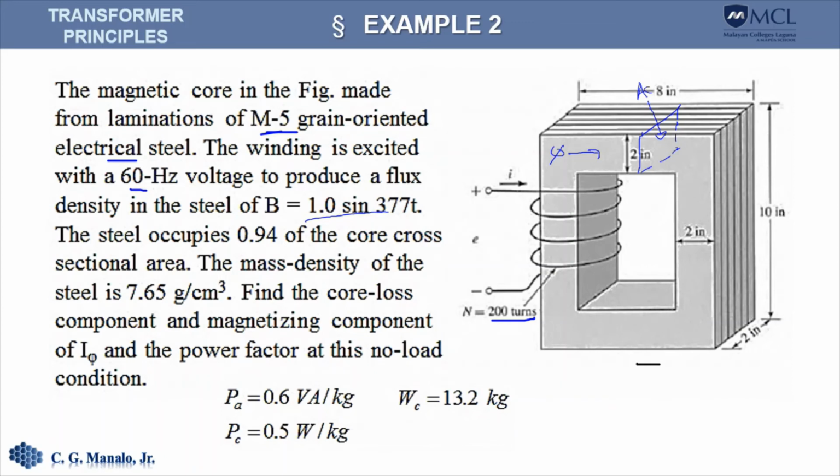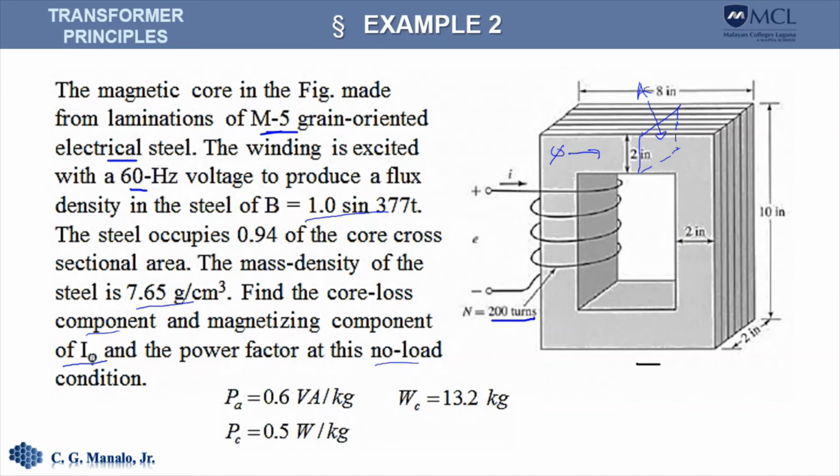Okay, so this is due to the laminated nature of the transformer. The mass density of the steel is given, and we're asked to find the core loss component and the magnetizing component of the exciting current and the power factor for this no load condition.